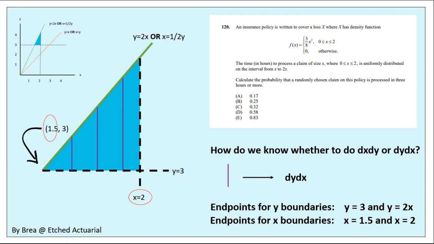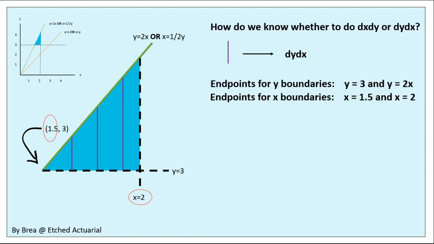Okay, so I'm going to move all that information to the top. Now, we know that our endpoints for y are y equals 3 and y equals 2x, and we know that our boundaries for x are x equals 1.5 and x equals 2. So let's start setting up our integration. Our inner integration is going to be for y, like we already talked about.